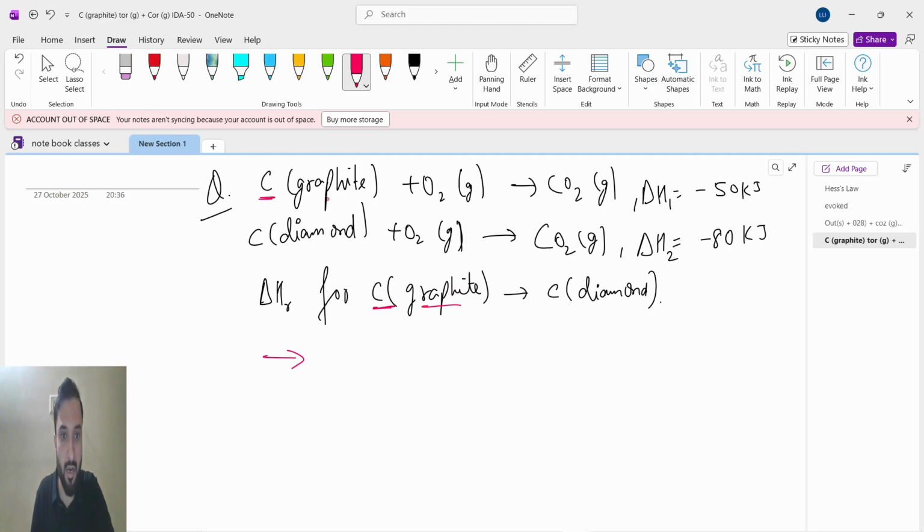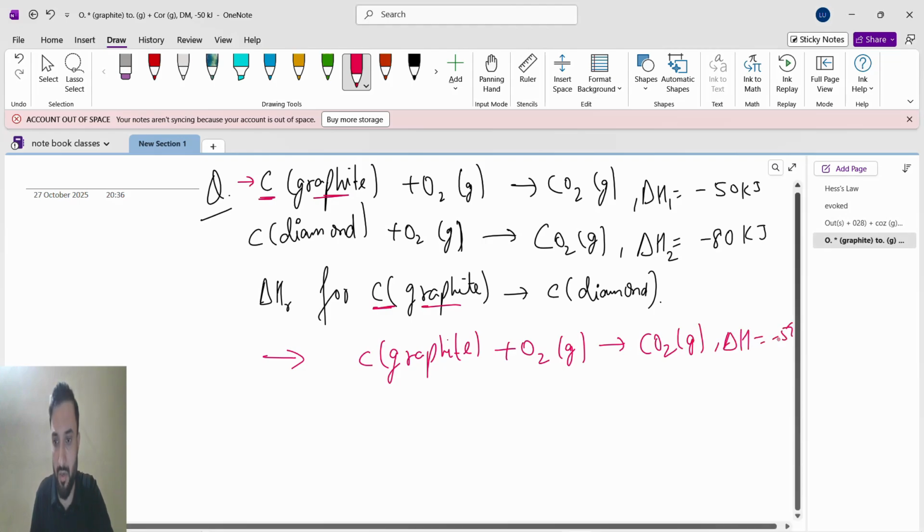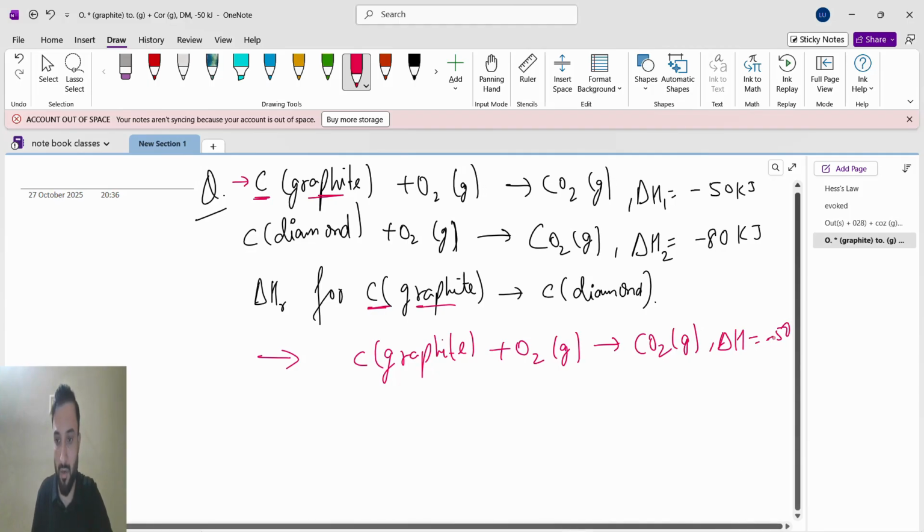So see here, carbon in the graphite form is on the reactant side. The first reaction we will write as it is: carbon in the graphite form reacts with oxygen in the gaseous form, we will get the carbon dioxide in the gaseous form. So this delta H will remain same, minus 50 kilojoule.